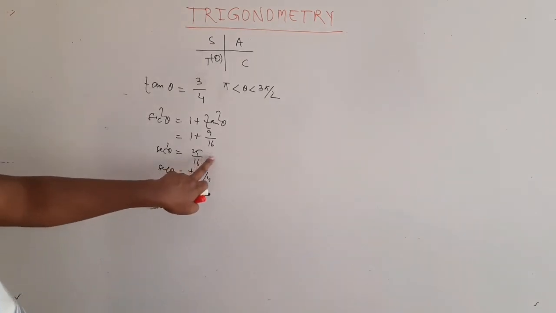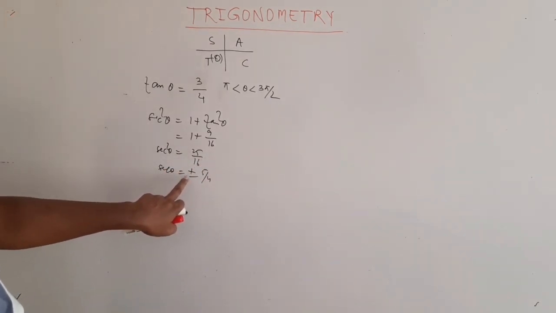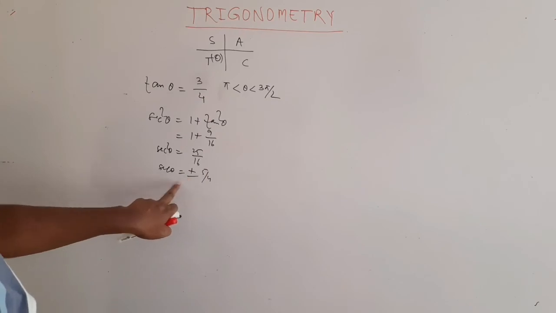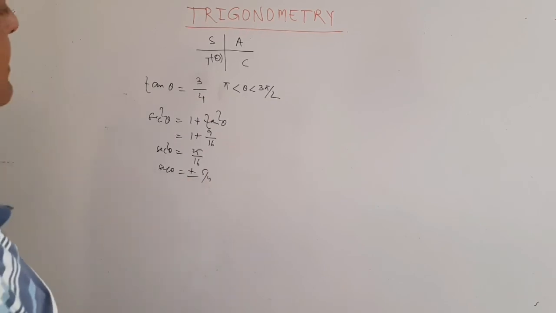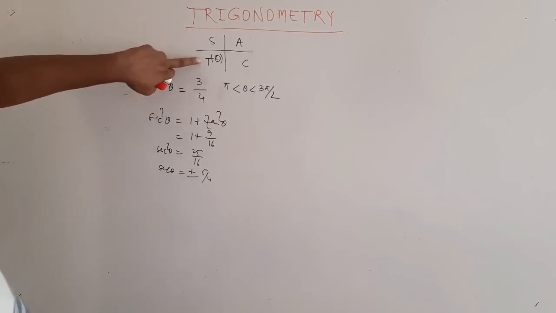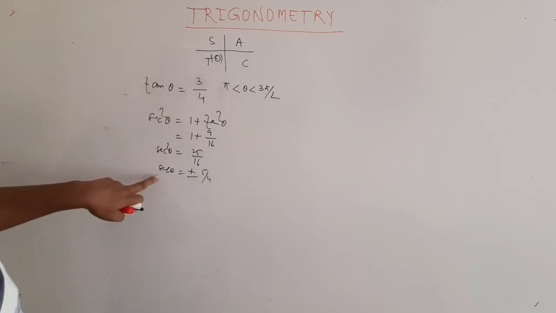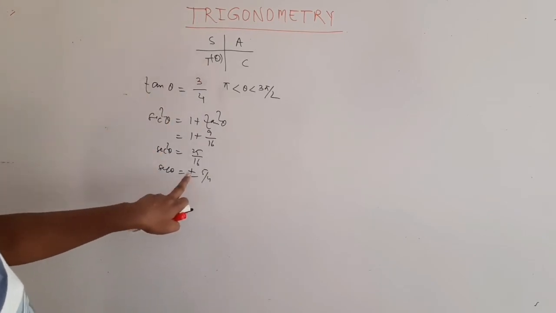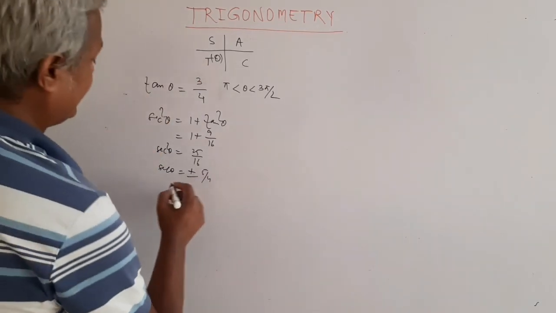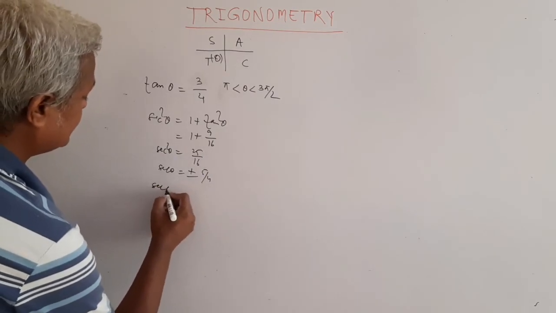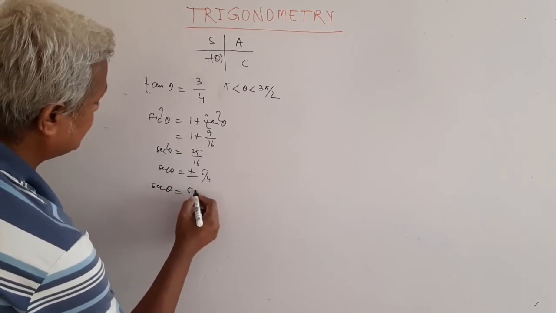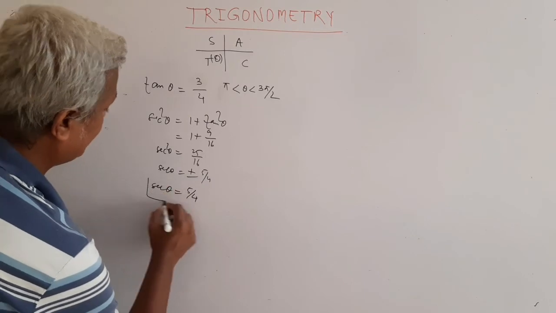When we take a square root, it always gives two values, positive and negative. In the third quadrant only tan is positive, so sec is going to be negative. So we'll discard the positive value, and our accepted value is sec theta is minus 5 by 4.